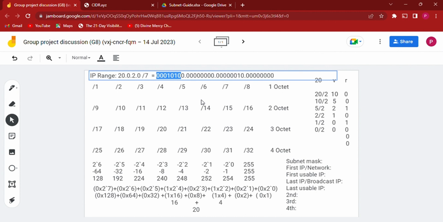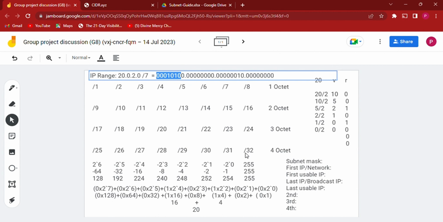So the subnet mask will be 254, and because the /7 is in the first octet, you put it on the first octet, which is 254.